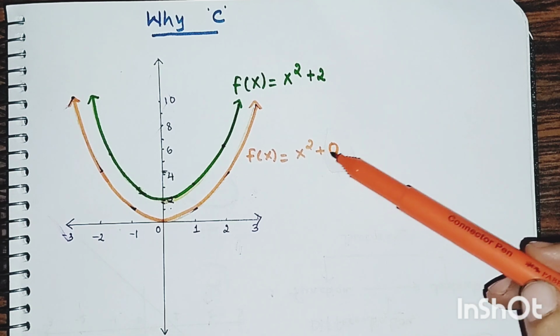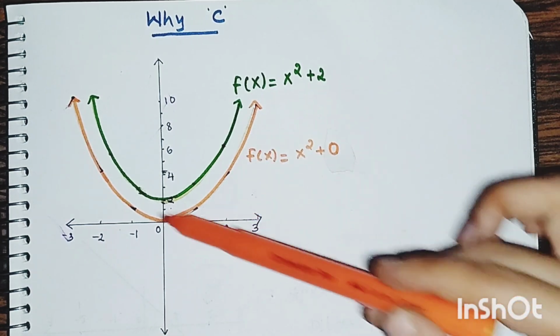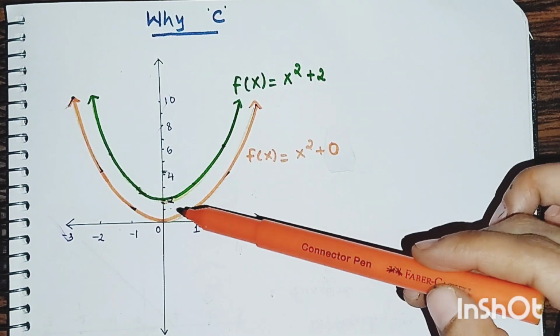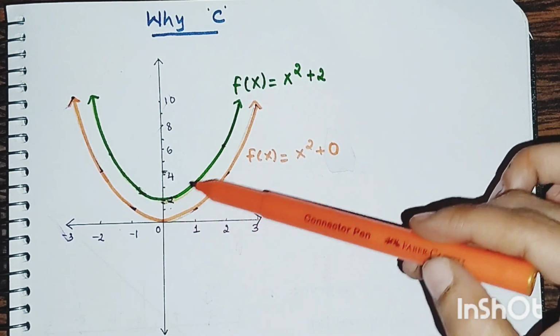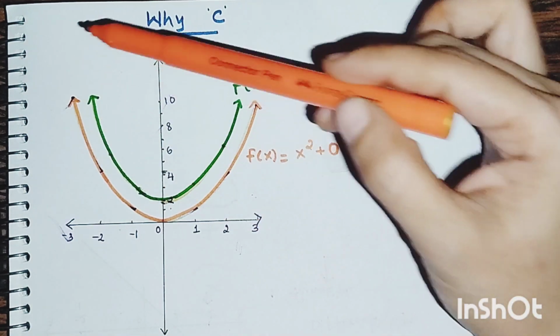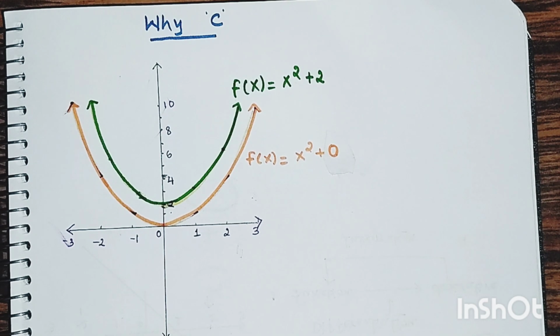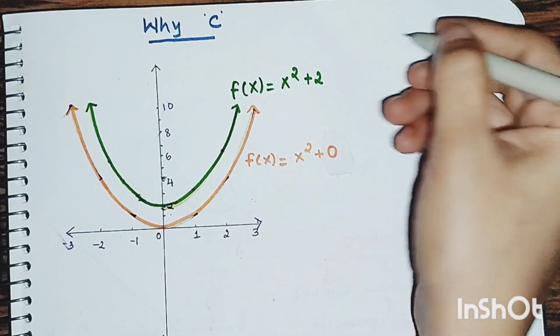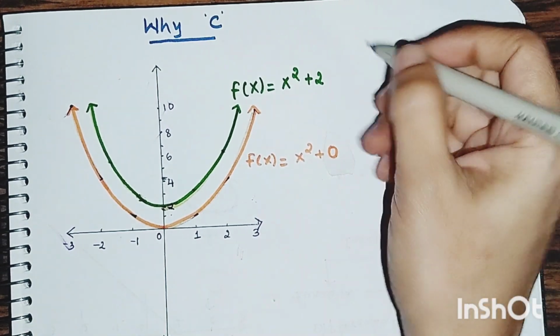All the points on the orange graph will shift 2 units upwards, a vertical shift, and you have f of x is equal to x square plus 2. Now we will differentiate and then understand why the constant c must be added.